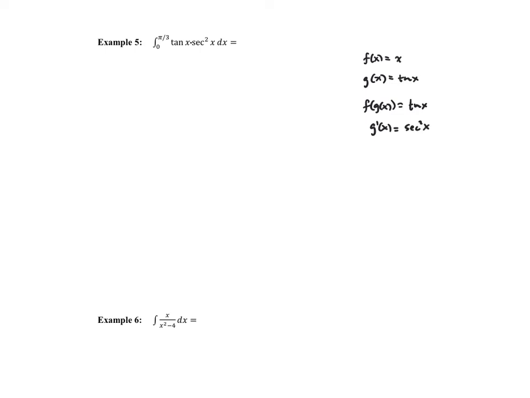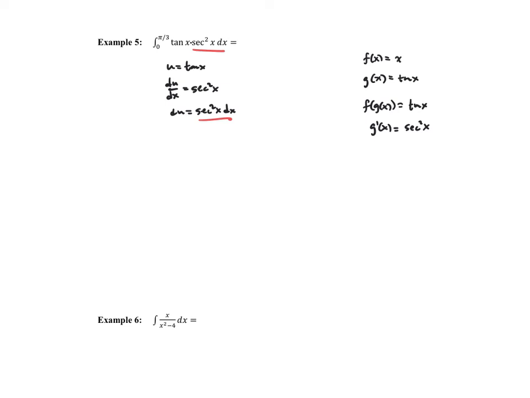So I want to set u equal to tan x. Thus, du dx, this lines up perfectly, is secant squared x. So du is equal to secant squared x dx. Look at that perfect substitution.